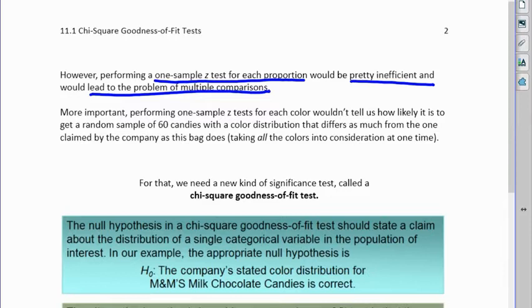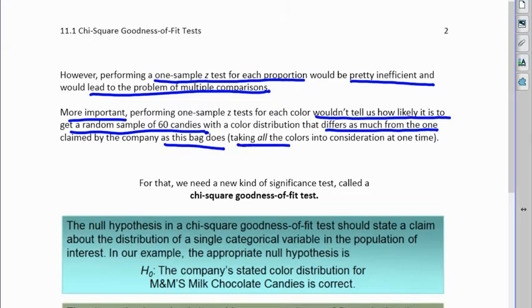And that is not helpful. More importantly, it would not tell us how likely it is, when we get a random sample of 60 candies, that the colors differ as much from what was claimed by the company as this bag does, taking all the colors into consideration at the same time.